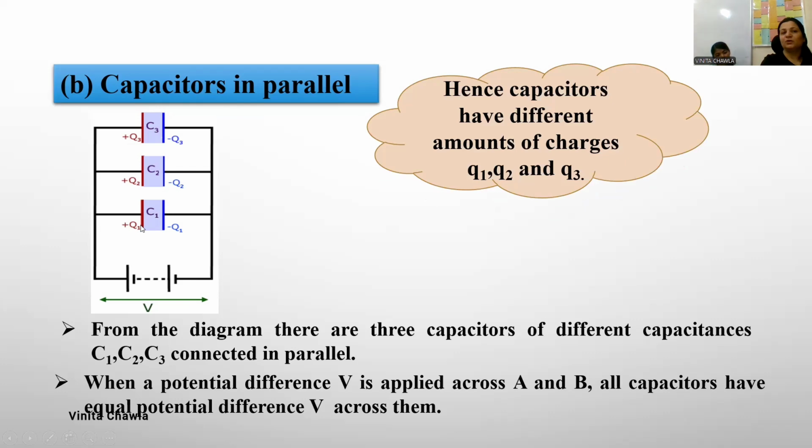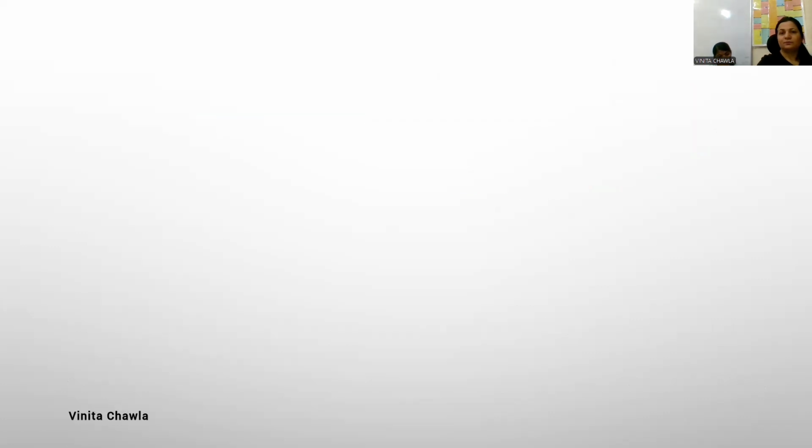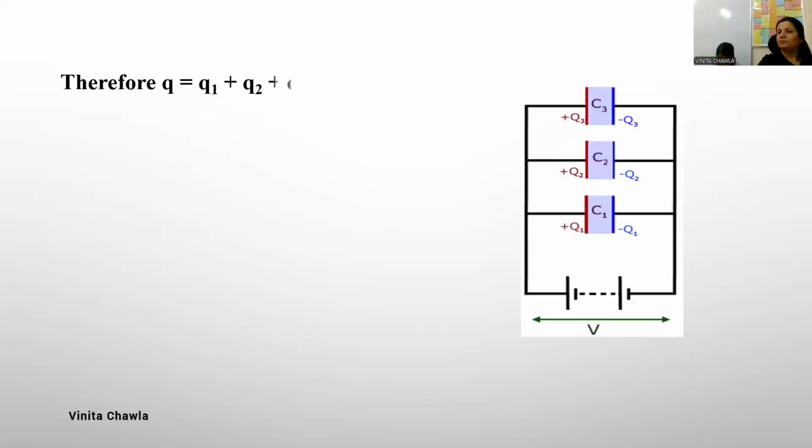So for C1, we take Q1, for C2, Q2, and for C3, Q3. And what is the net charge, the total charge? Q1 plus Q2 plus Q3. So Q is Q1 plus Q2 plus Q3, and this Q is the net charge.